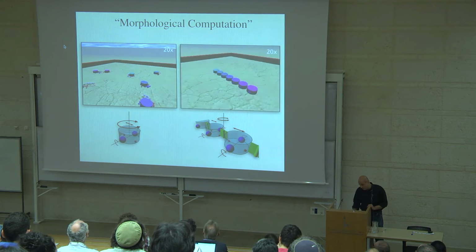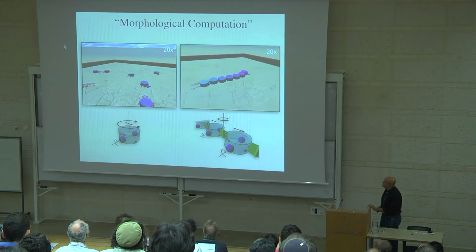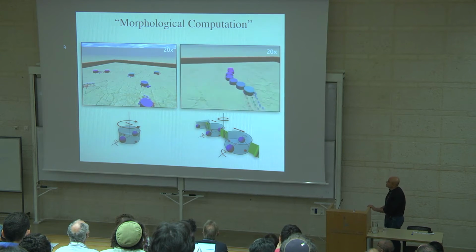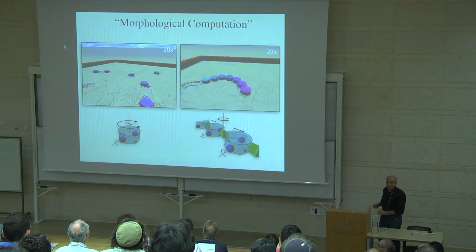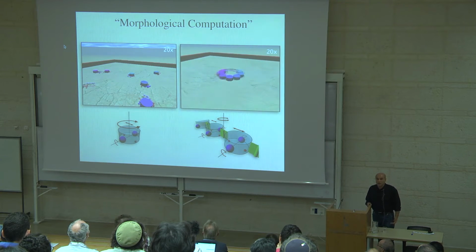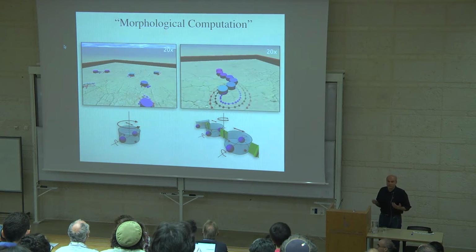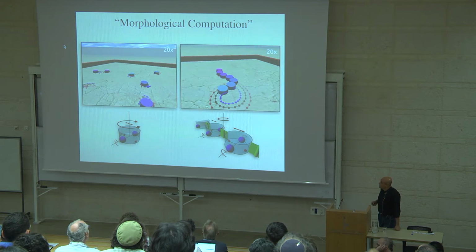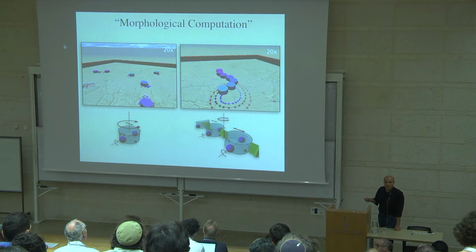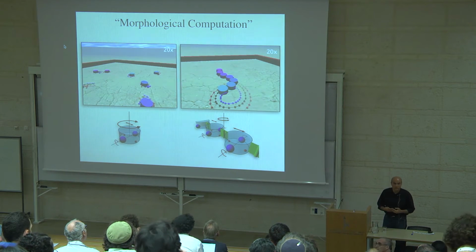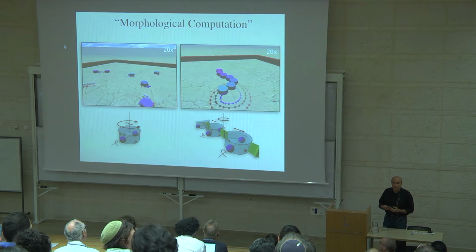And now, if you let the system run, it suddenly displays some kind of coordinated behavior. The astonishing thing, at least to me, is the fact that there is no central control. The whole coordination comes from the physical coupling of the segments.